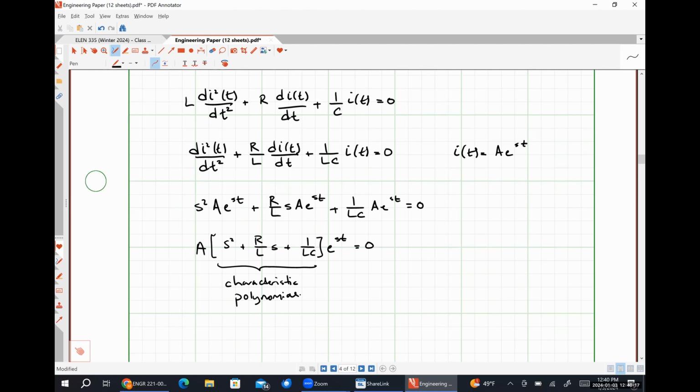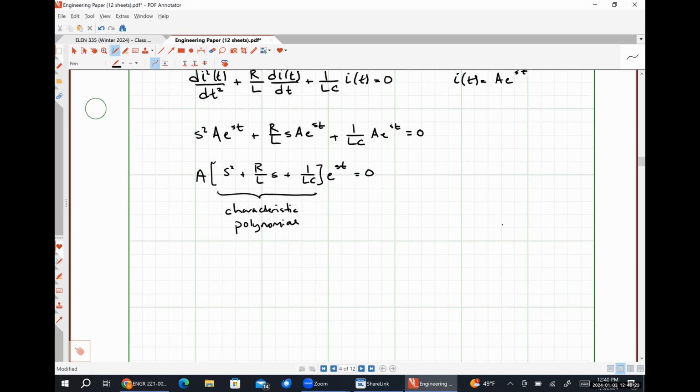Which is a second order polynomial. So I can use the quadratic equation, right? So this thing will be equal to 0 when s1,2 is equal to negative R over L plus or minus the square root of R over L squared, so let's see, minus 4 times 1 over LC, all divided by 2.